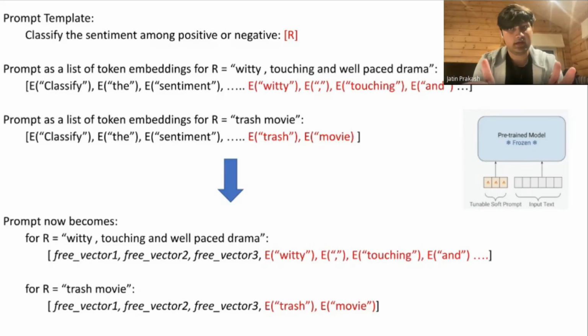In our earlier example, the prompt 'classify the sentiment' is a list of token embeddings: the embedding of classify, the embedding of the, the embedding of sentiment, and so on, followed by the review R. If my R changes, this list of embeddings changes. If my R becomes 'trash movie,' the prompt changes accordingly.